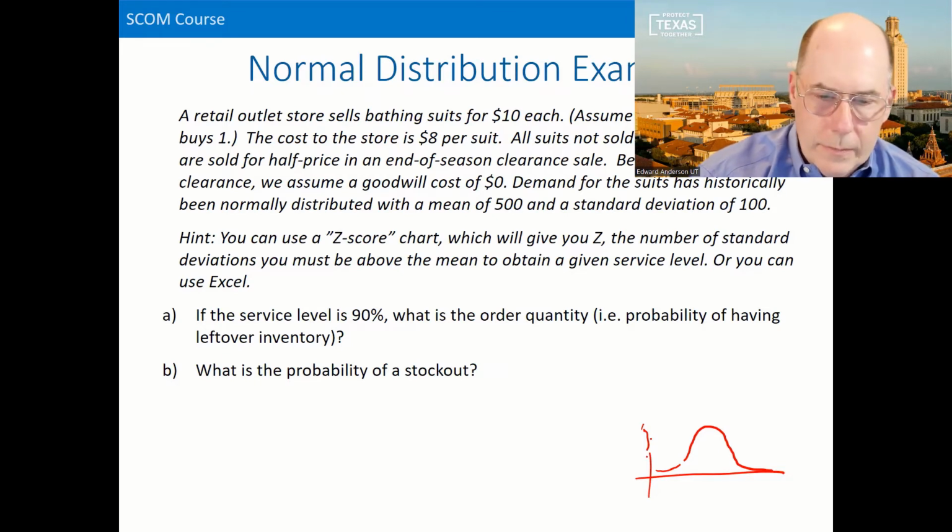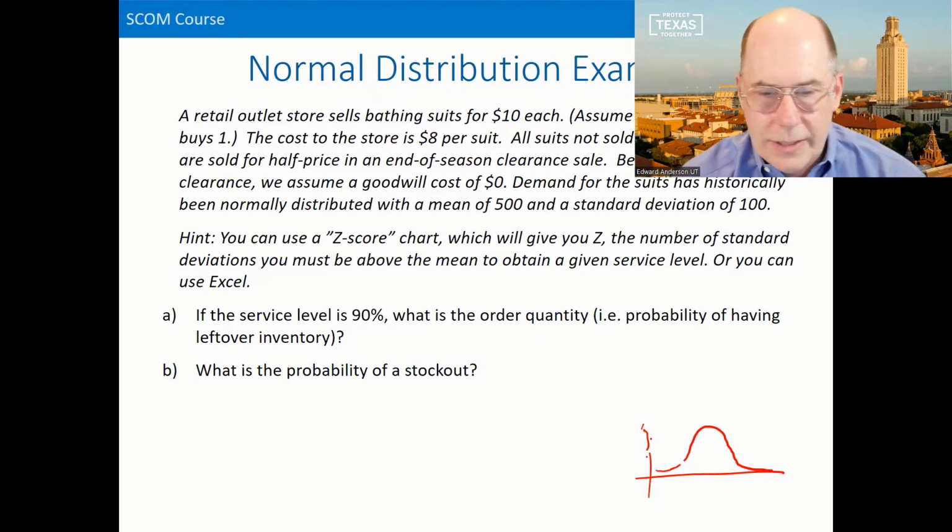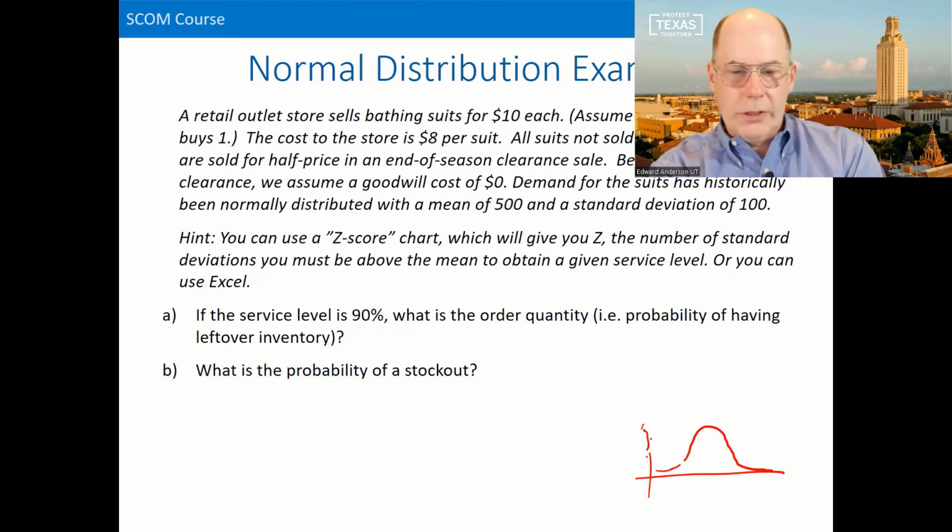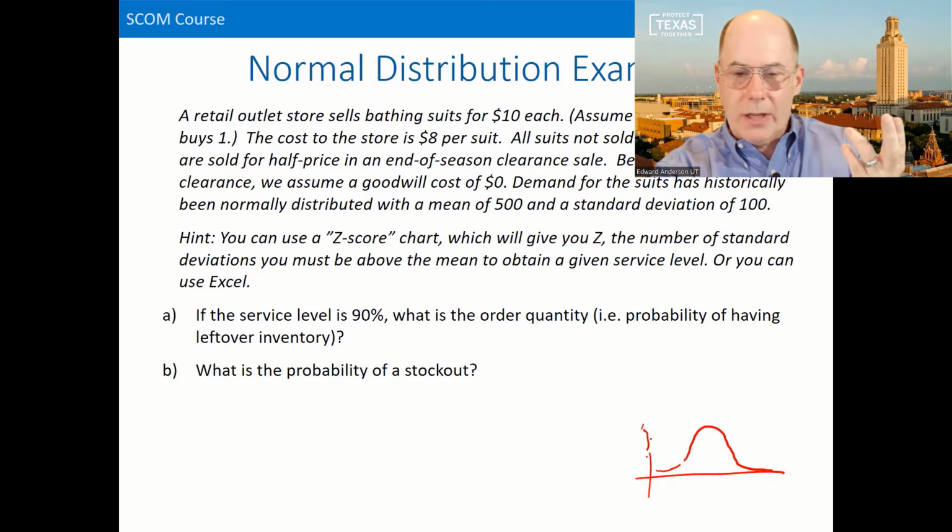Now, let's look at an example where there are so many goods, so much demand potentially, that we do have a normal distribution. A retail outlet store sells bathing suits for $10 each. Assume each customer only buys one suit, just to keep this straightforward. The cost to the store is $8 per suit, so that's what we pay to our supplier.